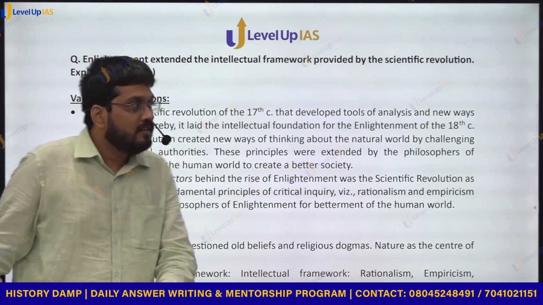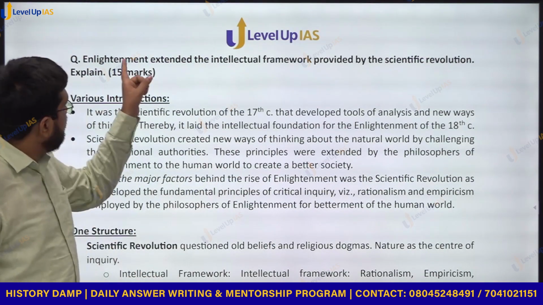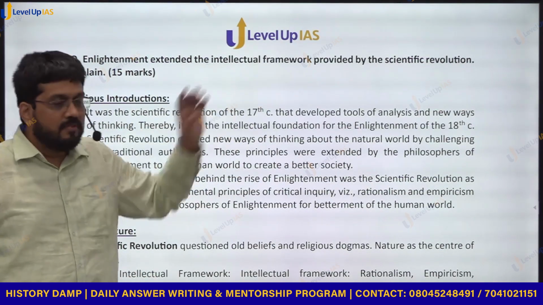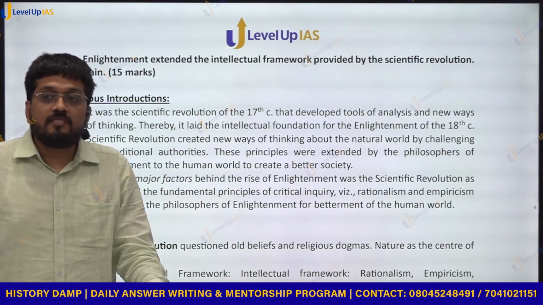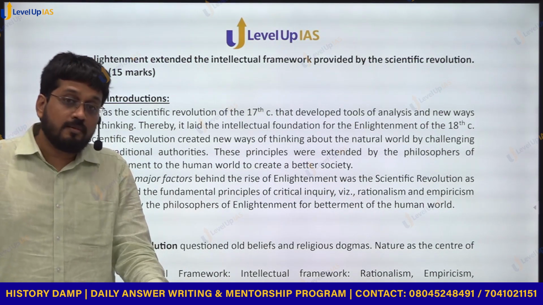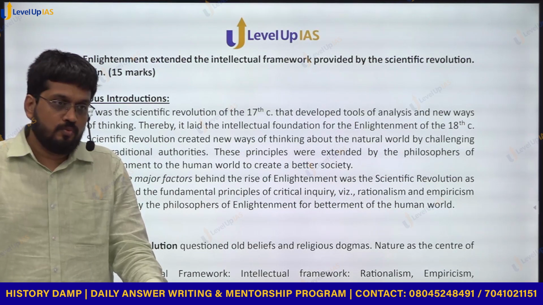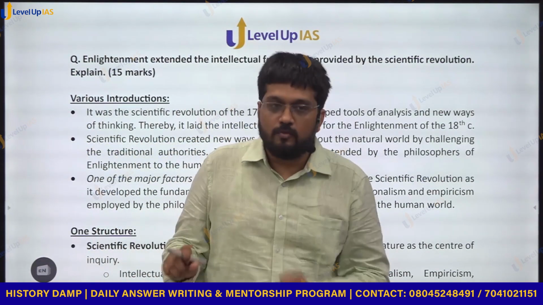Whenever you have two things in the question, A and B, enlightenment is B, scientific revolution is A, or A and B, or B and A, the question is neither about enlightenment nor about scientific revolution. It is about the correlation between the two. Generally we say that looking at the question, you identify the keyword.